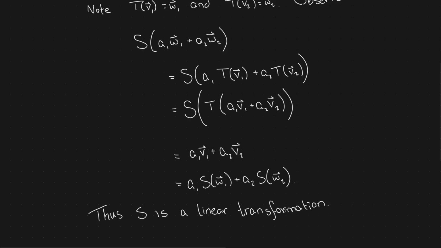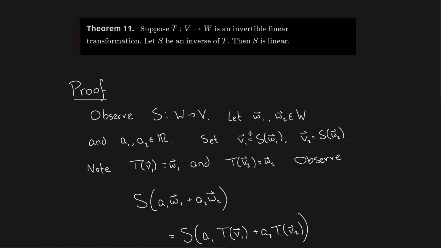Okay, because I can do those two things, S is a linear transformation. The only thing I assumed about S is that it is an inverse of a linear transformation T, and from that I showed that S is also a linear transformation. So any inverse of a linear transformation is also a linear transformation.